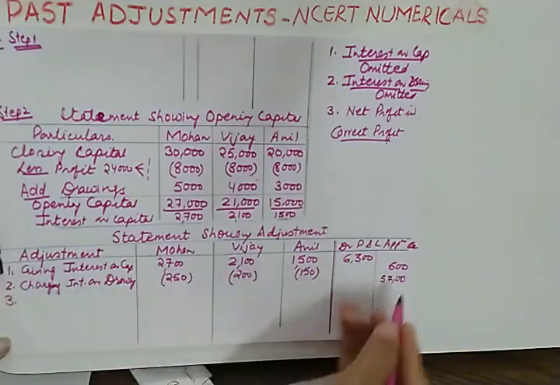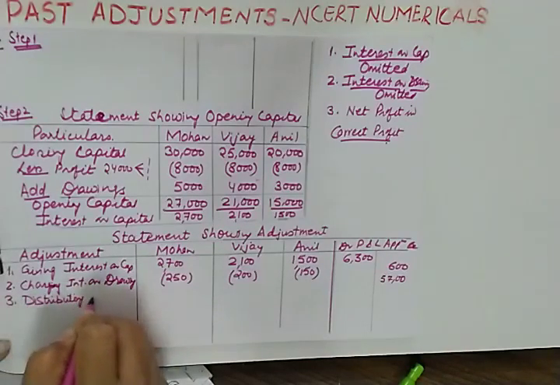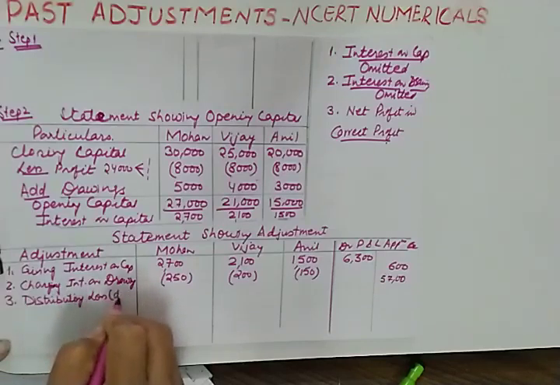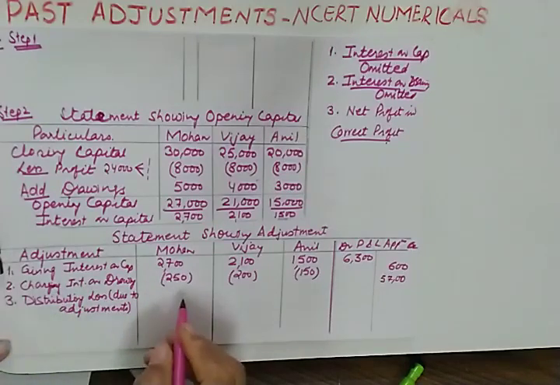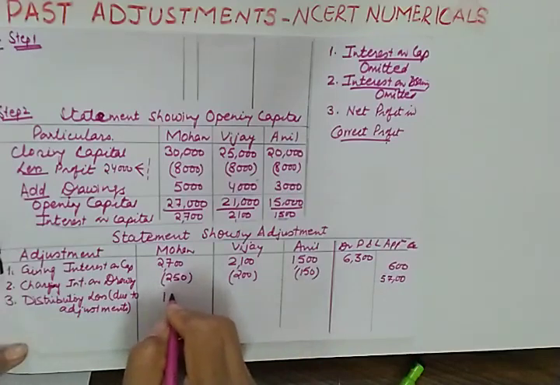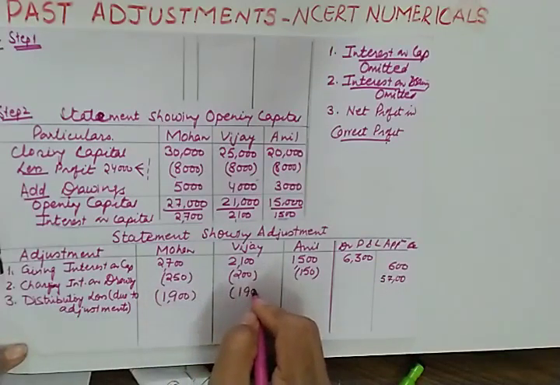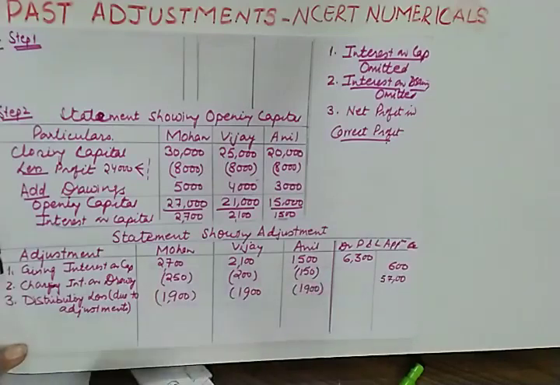And this loss is to be distributed due to adjustment in which ratio? It will be equal ratio. How much loss? It will be 1900 for Mohan, 1900 for Vijay and 1900 for Anil.